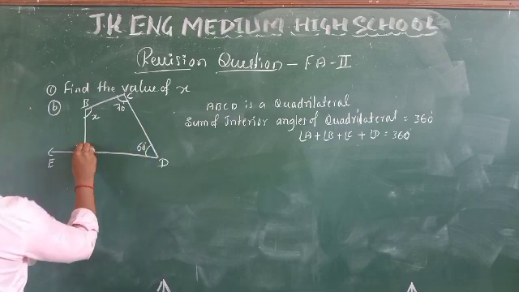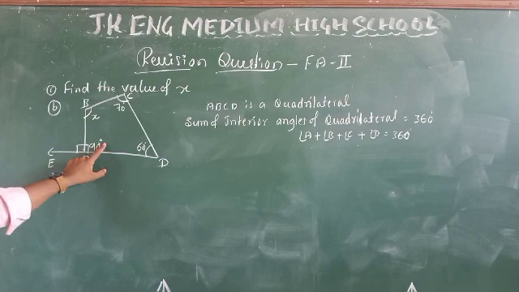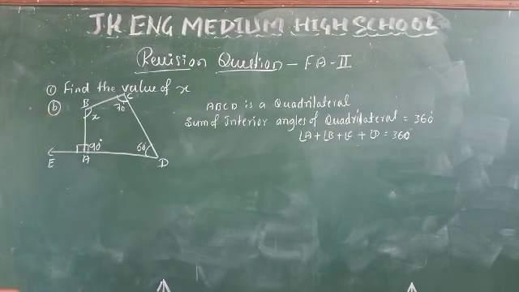So this is 90, means automatically this angle also will become 90. Understanding? 180 minus 90 means the interior angle will become 90 degree. So we should find the value of x.